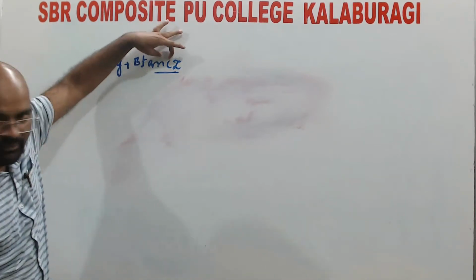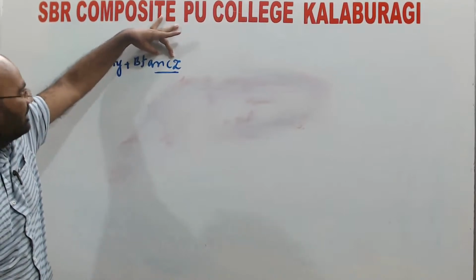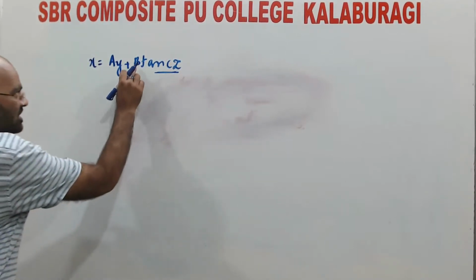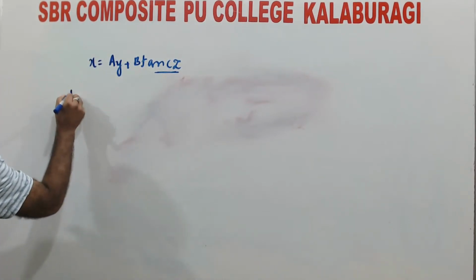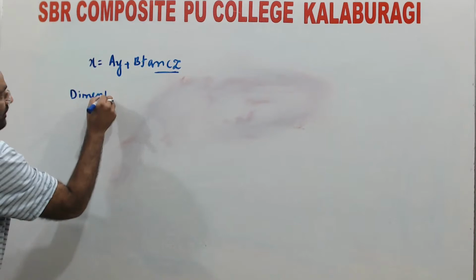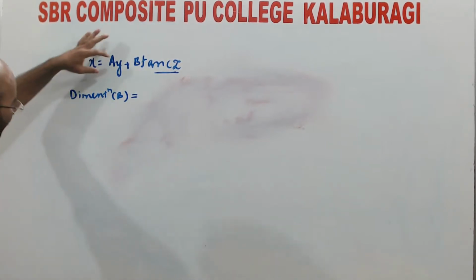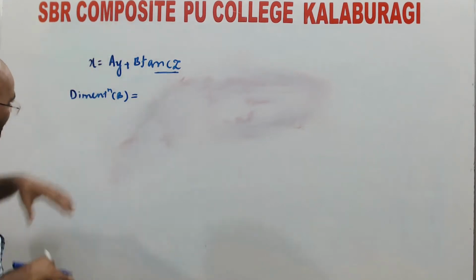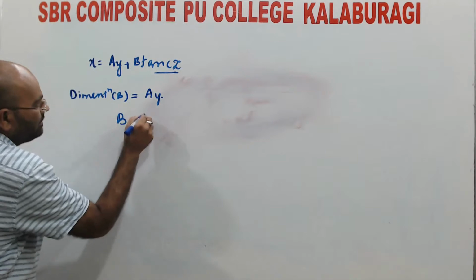So these are dimensionless physical quantities. Then the dimensions of B are always equal to AY.